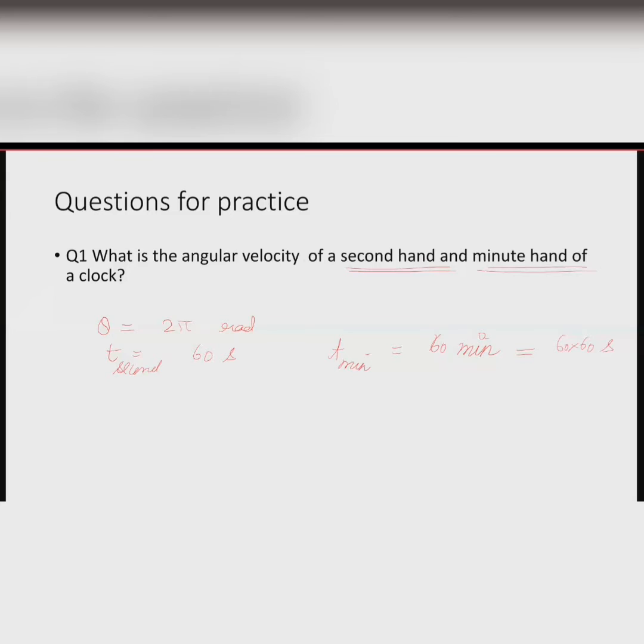So for the second hand, omega becomes theta by t, so that would be 2 pi by 60. For the minute hand, it would be 2 pi by 3600. And the unit in each case would be radian per second. Okay? Let's move on to the second question.